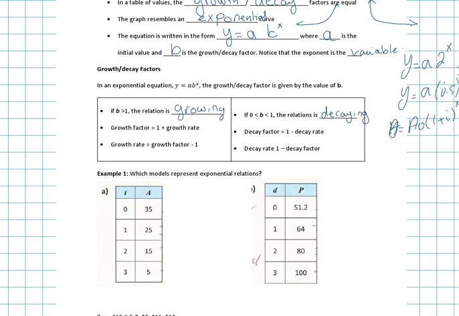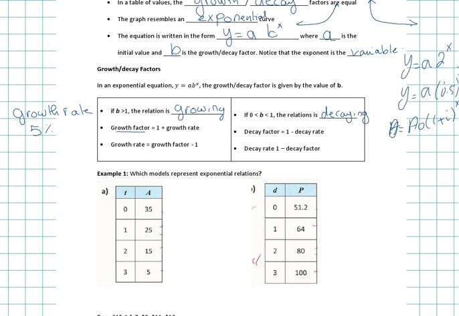Now, it's very important that you understand the difference between the terminology growth factor and growth rate. They're two different things, okay? The growth factor is found by adding 1 to your growth rate. So let's say your growth rate was 5%, right?